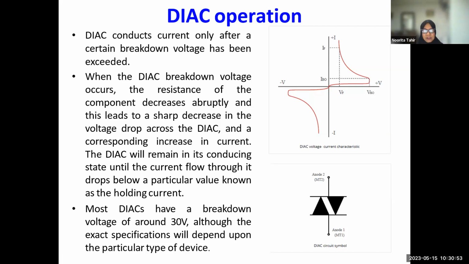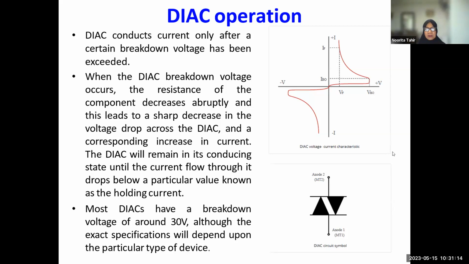Okay, so the actual breakdown voltage depends upon the specification of the particular component type. Again, it is the V threshold tu lah. Sama the type of kita punya material tu, is it germanium or silicon. That's the most popular one.